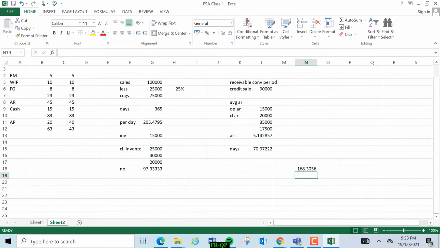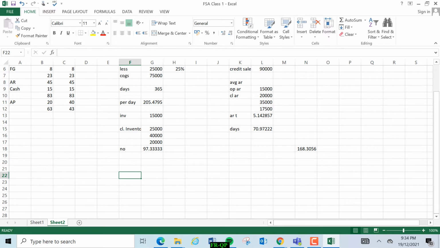So I can say that 163 days is the operating cycle in this given scenario. Now how to calculate the AP days?